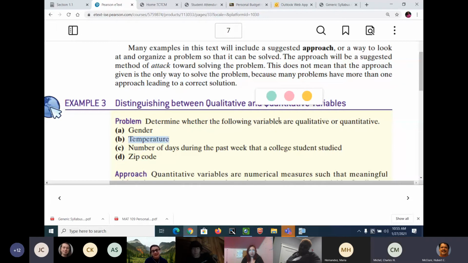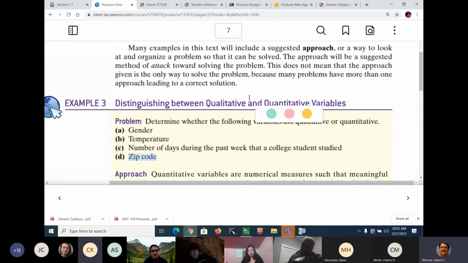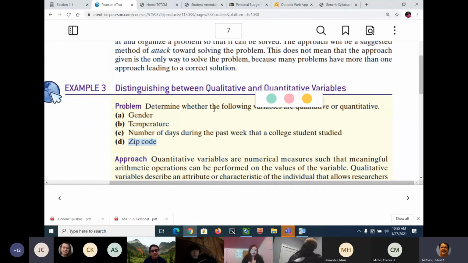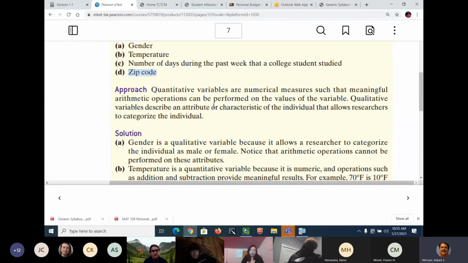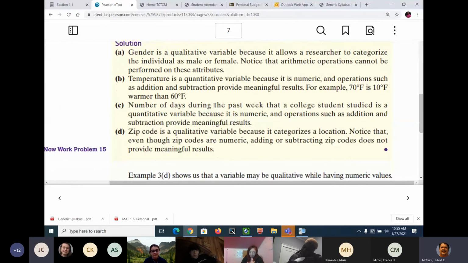What is that? Quantitative. Number of days in a week that college students study. Number of days. Quantitative. Zip codes. Qualitative. See? Piece of cake.